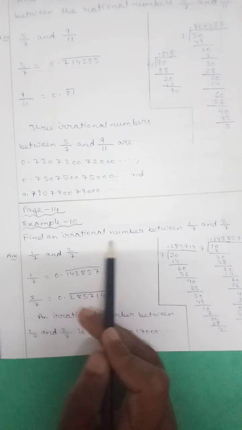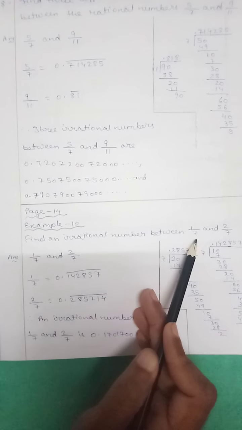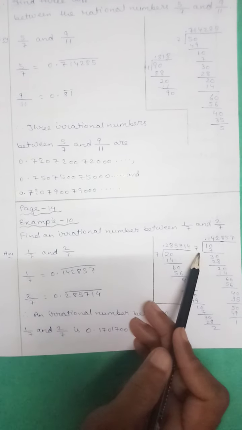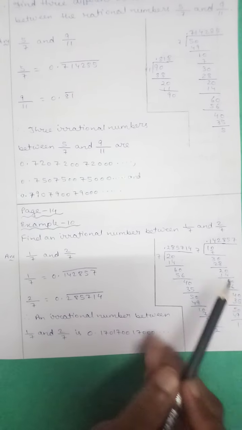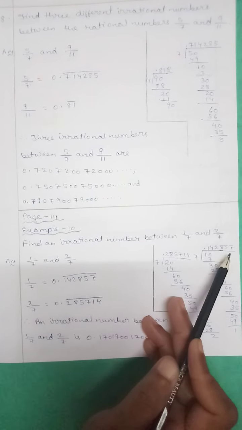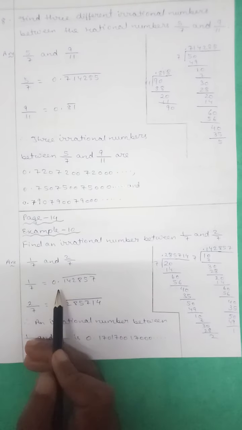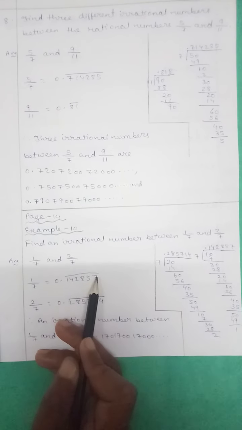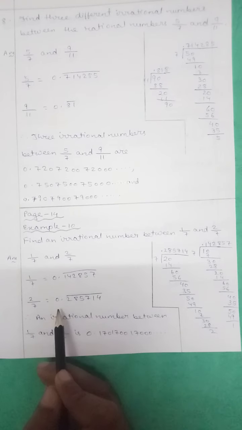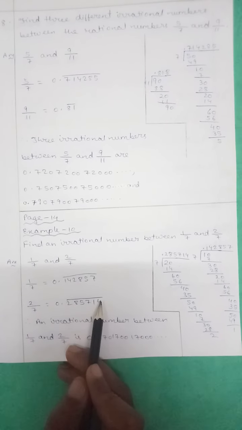Now example 10, page number 14. Find an irrational number between 1 by 7 and 2 by 7. Divide 1 by 7 and continue till repetition comes. You will be getting 142857 after the decimal. That is your repeating block. So 1 by 7 is equal to 0.142857 bar. And divide 2 by 7, you will be getting this, that is 0.285714 bar.